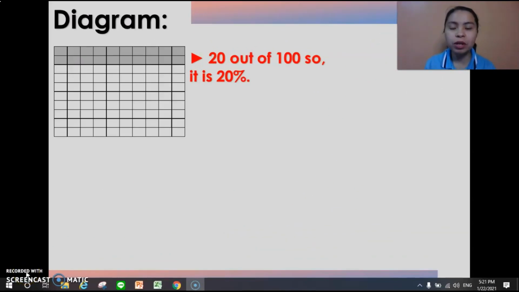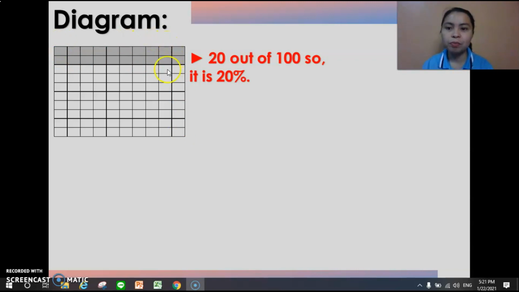Okay, this time we're going to show a percentage in a picture. So we already know that percent is out of 100. So here we have 100 parts, 100 squares. And as you can see, some of the squares are shaded.